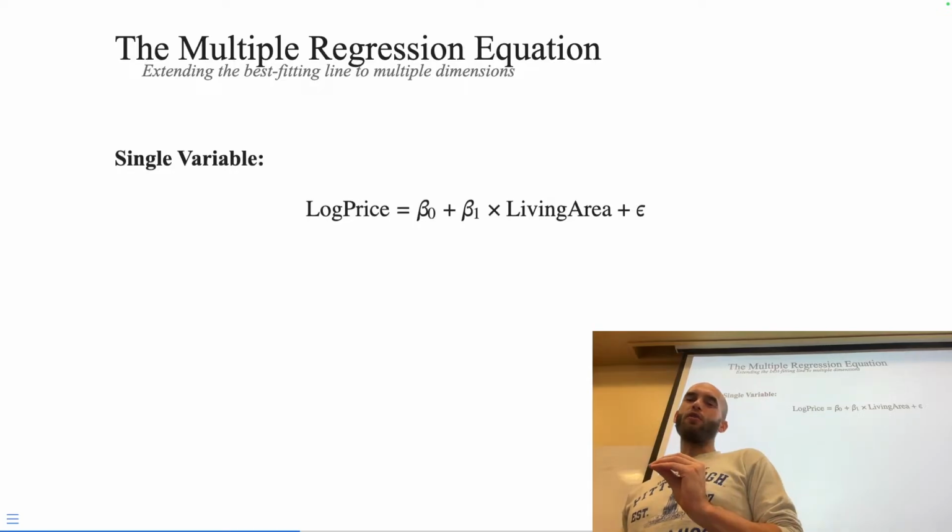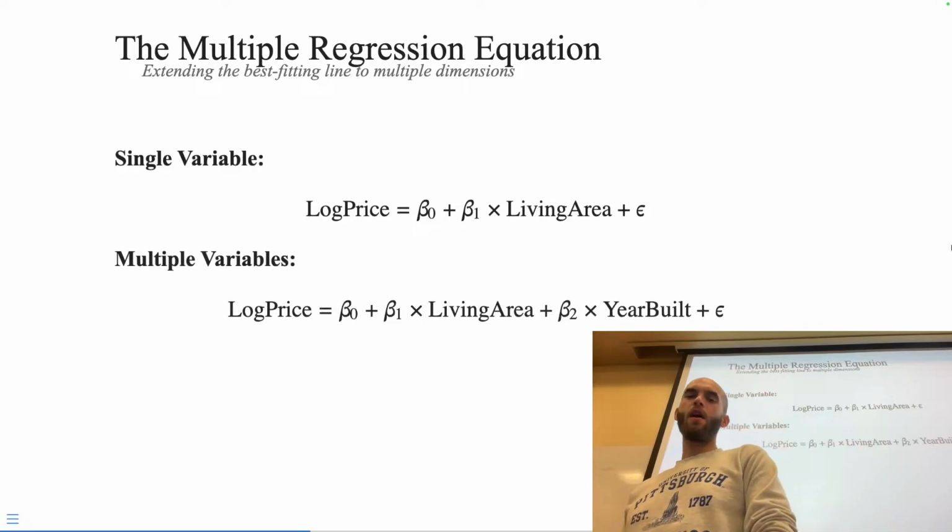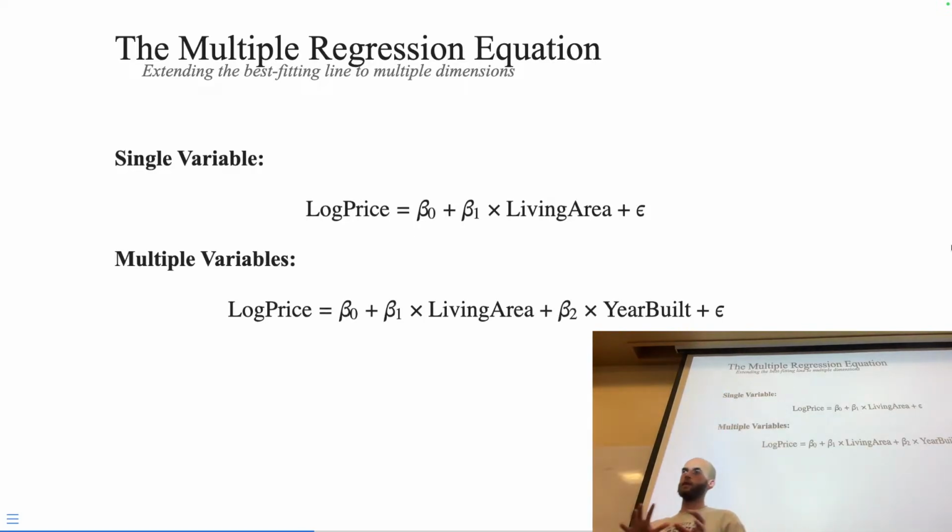Well, with a single variable, if we were trying to predict price, we would have log price as our outcome variable, and then we would set up a single predictor variable. But when we have multiple variables, we have this three-dimensional space. We can set up an equation that looks like this. So this is our outcome variable being log price.